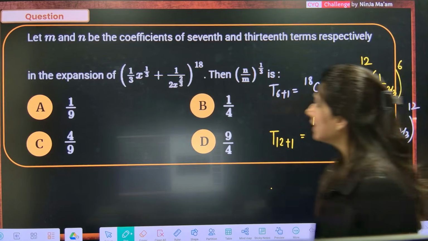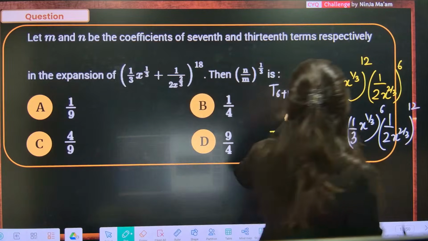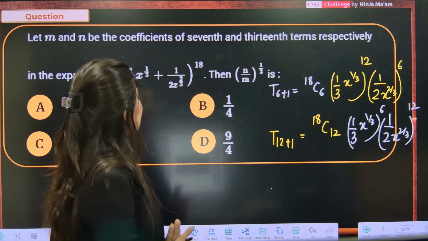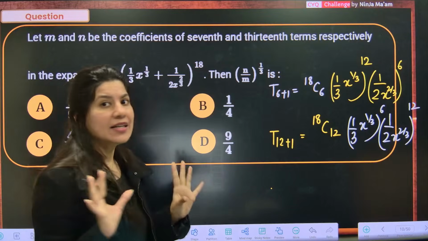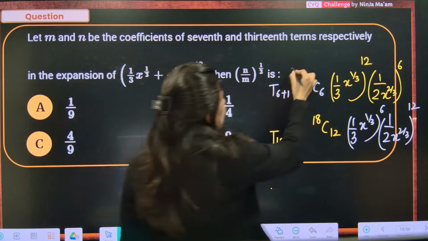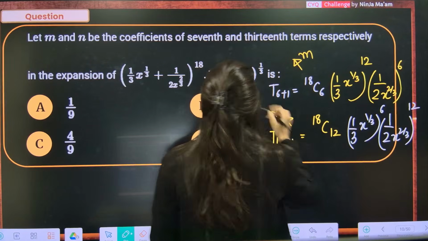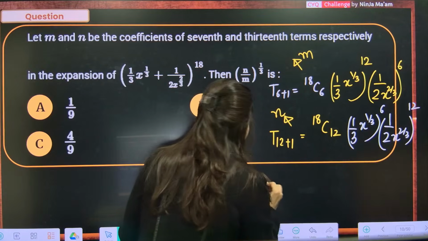Correct. Now what they are saying is M and N are the coefficients of the 7th and 13th terms, correct? So that means we are not interested in x, we are interested in the coefficient. So this will give me M and this will give me N. And I am looking for N upon M. So N upon M, my dear students, will be what?